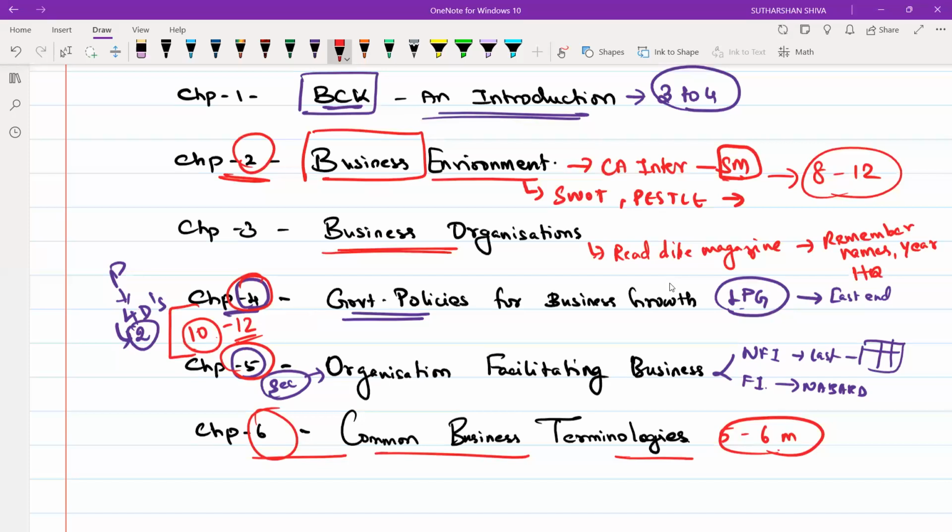You need to remember headquarters majorly. And if you try to remember ranks, you can remember the ranks also. In this, you may expect a question of 6 to 10 marks from this chapter also. So make sure you are giving equal weightage to study each and every chapter.